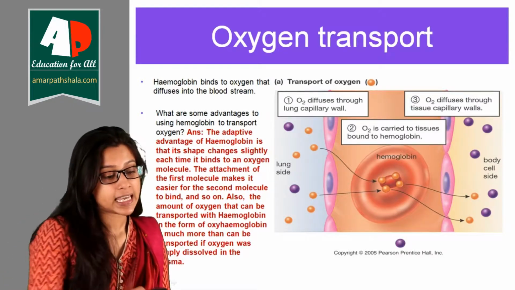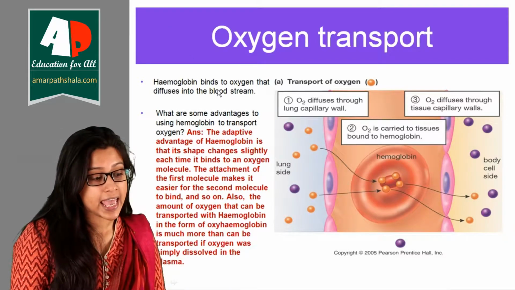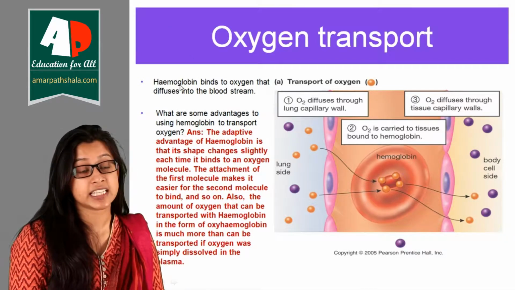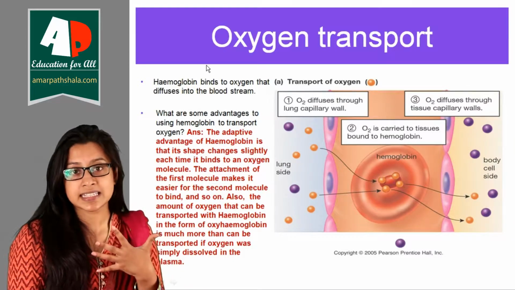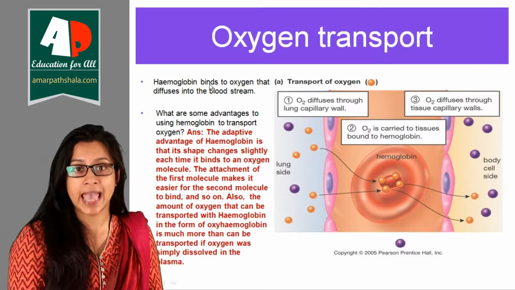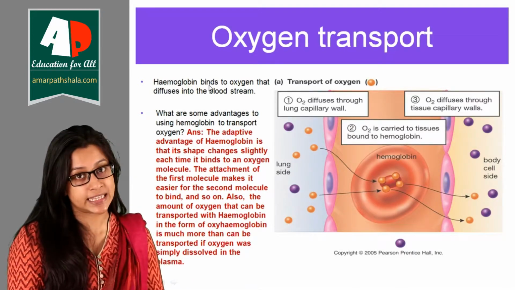As you can see in this diagram, hemoglobin is the chemical that helps to bind oxygen that diffuses into the bloodstream. Now, the thing is, guys, hemoglobin is our carrier molecule in this instance.